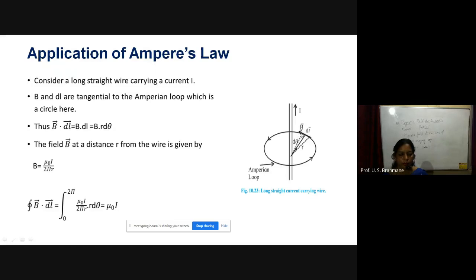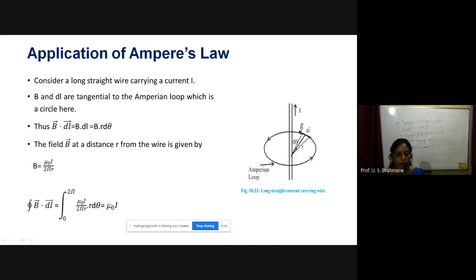Thus B vector dot dl vector is B dl cos theta, and cos theta is 1 because theta is 0. So it is B dl, and dl is nothing but R d theta.